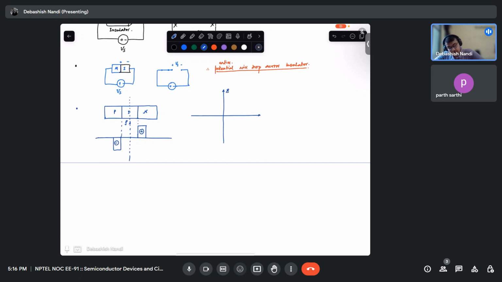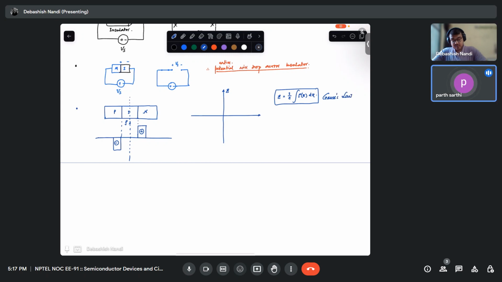So how will E look like? What is your E? Electric field. But in terms of rho, it is like this, right? What is this law? This is called Gauss law, right?